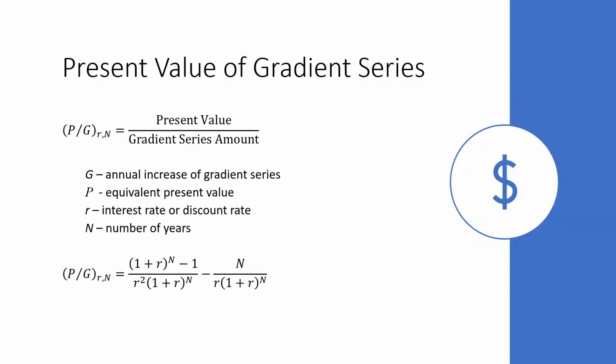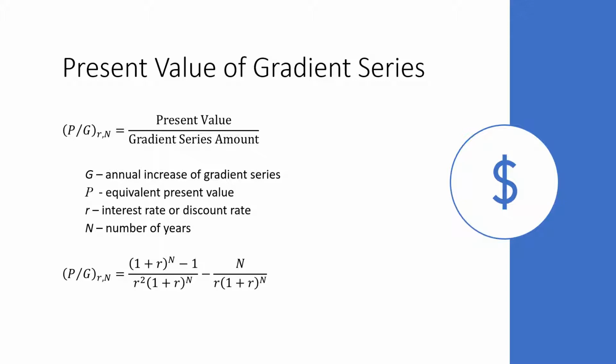So you might not be surprised to see there is a P over G factor. So in this case, we'd multiply P over G times 20K to come up with the present value. The function is a little more complicated. If you're coding this in Excel, it takes a little bit more effort. But it's not all that difficult to do.